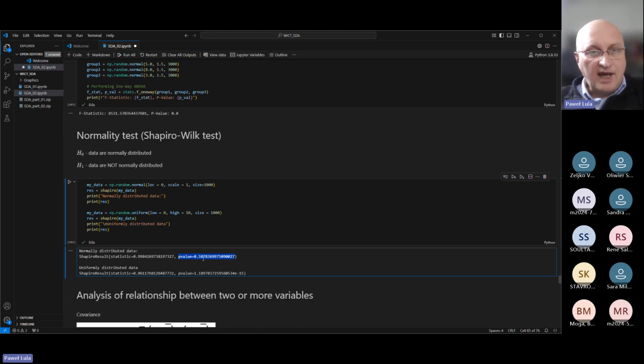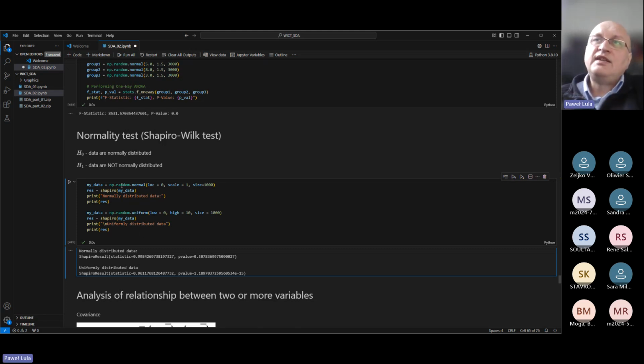It is the area of this critical region, critical area, which we have for the probability distribution function. It is huge. So there is no reason to reject this hypothesis.